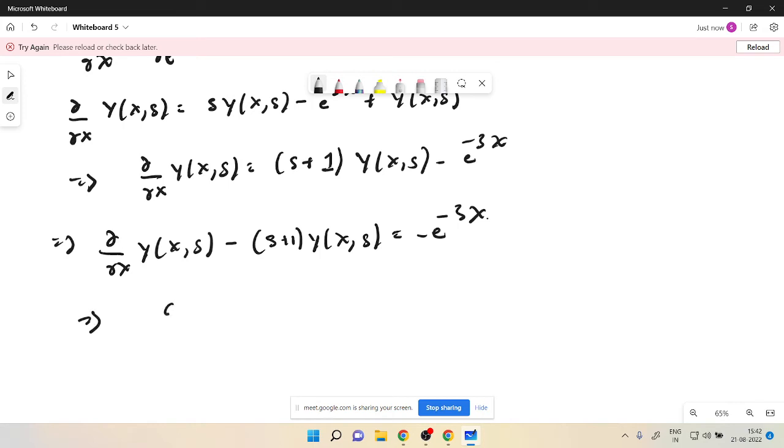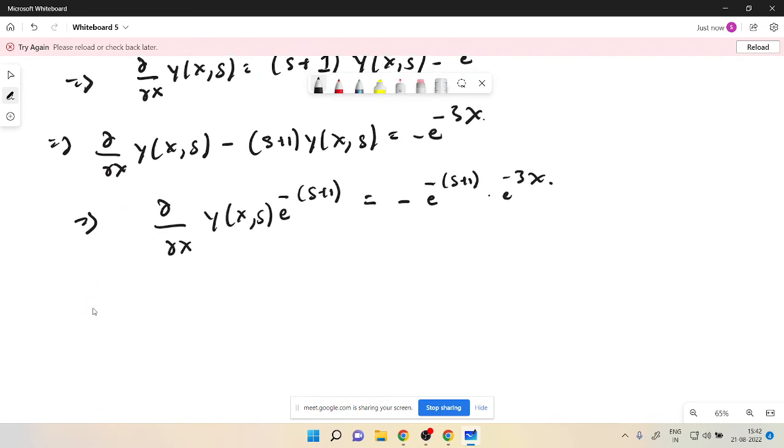This is nothing but ∂/∂x of Y of x comma s into e to the power minus (s plus 1)x, which is equal to minus e to the power minus (s plus 1)x into e to the power minus 3x.